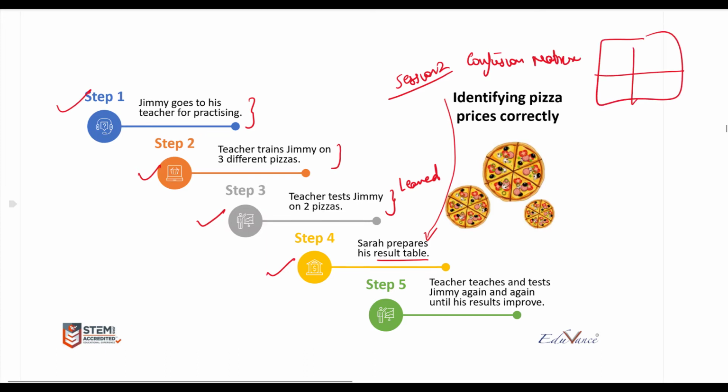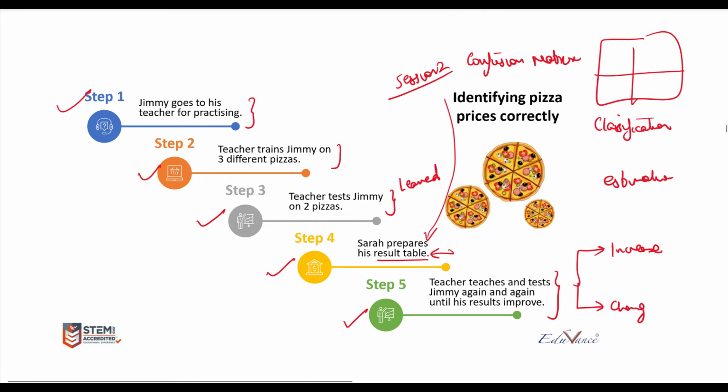This was specific to classification or identification. When it comes to estimation, the result table will be a little different. And step number 5, based on his results, Jimmy either decides to increase the problem statements or change the teacher. So now let us go ahead and see the learning journey that Jimmy would go through.